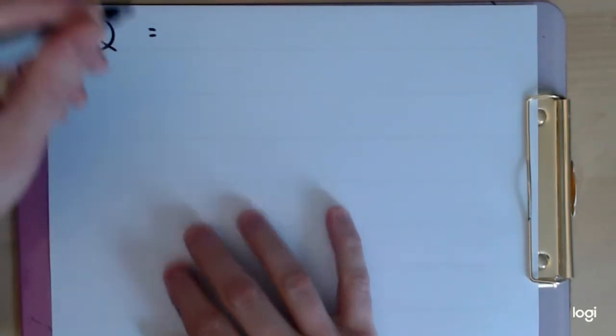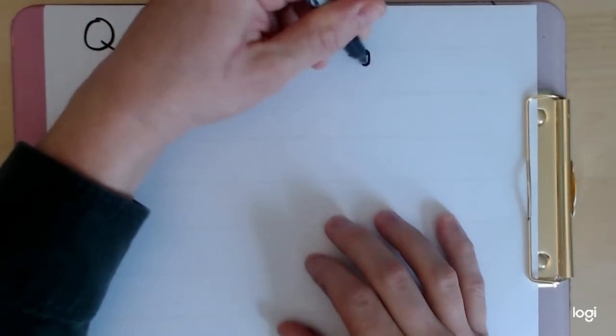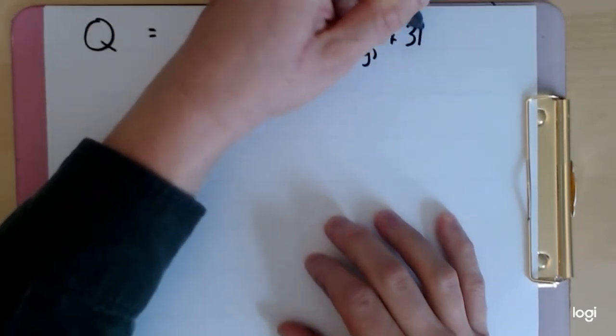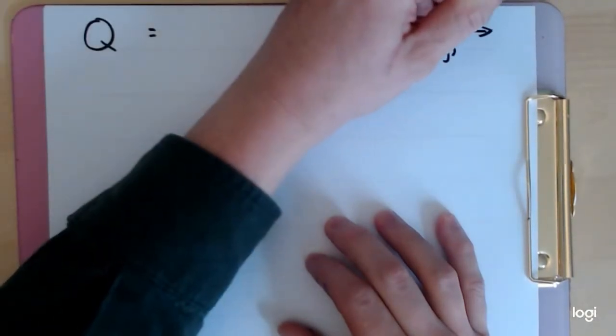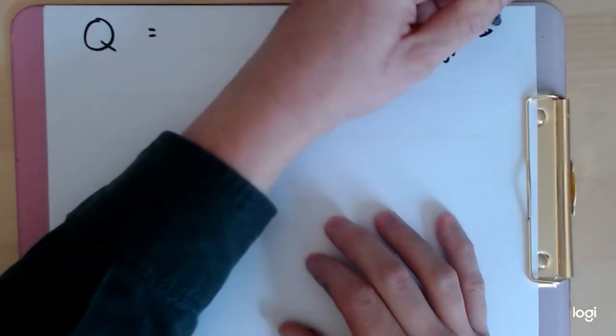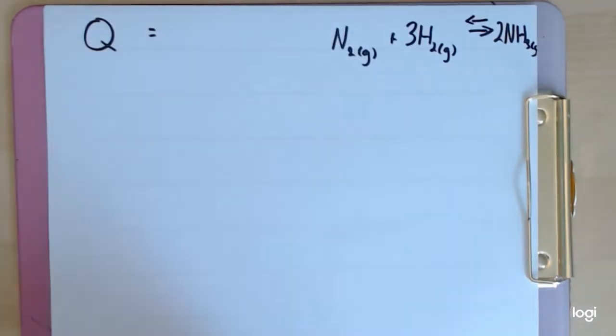Okay, let's begin by writing our reaction quotient Q. And again, this quotient is for the reaction N2 gas plus 3H2 gas yields 2NH3 gas.